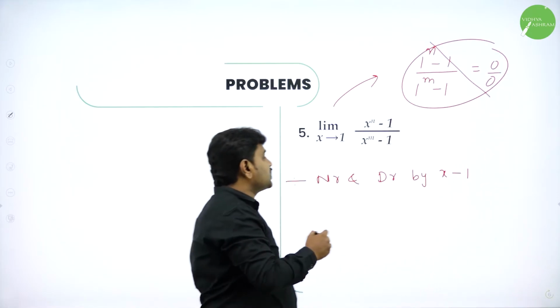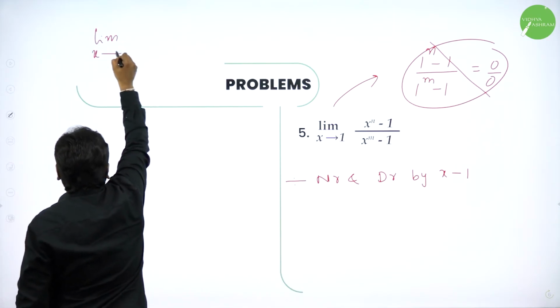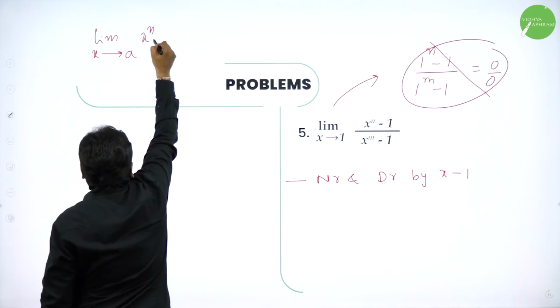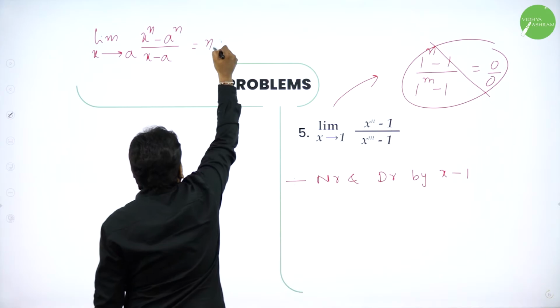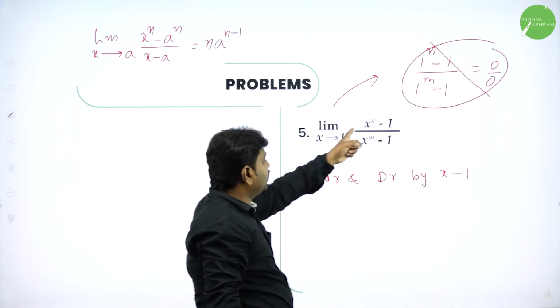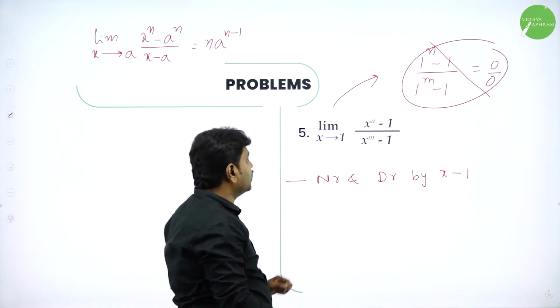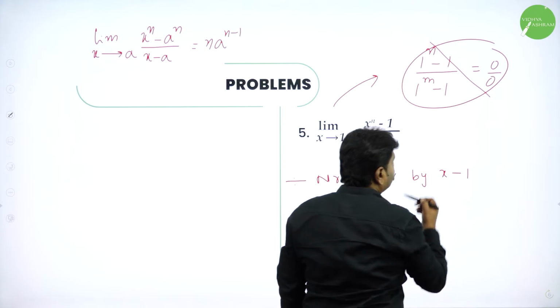What will I do? I will recognize the missing term. All of you know the formula: limit x tends to a, x power n minus a power n divided by x minus a, we write as n into a power n minus 1. So here x power n minus a power n is there in the numerator, but x minus a is missing. So that's why I'll divide numerator and denominator by x minus 1.